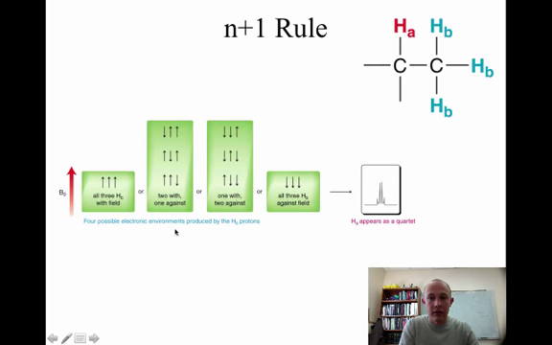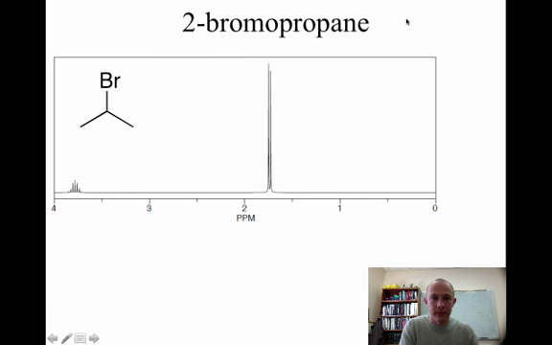And in the last possibility, we can have alpha, alpha, alpha, or beta, alpha, alpha, alpha, beta, alpha, etc. Long story short, what you end up with is a 1 to 3 to 3 to 1 quartet from 3 adjacent neighbors. So what's happening is the spin from the hydrogen next door is affecting the spin or the magnetic field that this hydrogen feels.